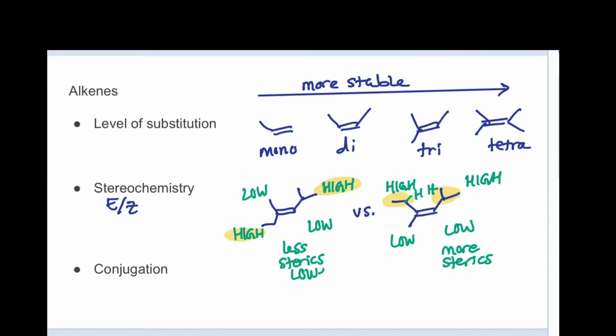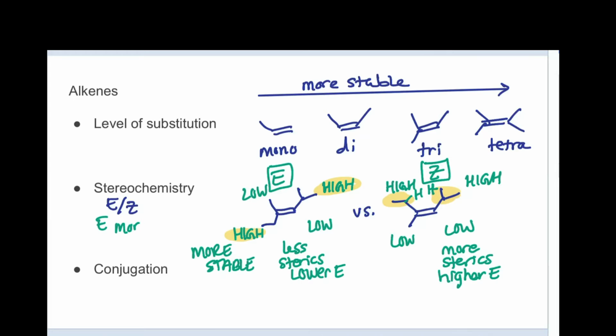So less sterics is lower energy, and more sterics is higher energy. Lower energy is more stable. We've just demonstrated that E alkenes are always more stable than Z alkenes.